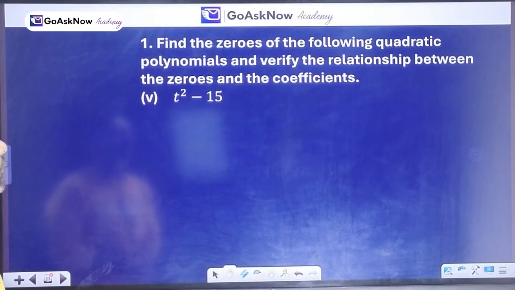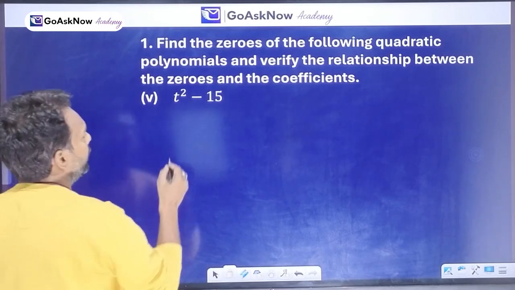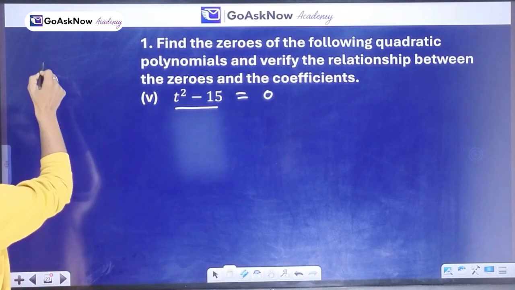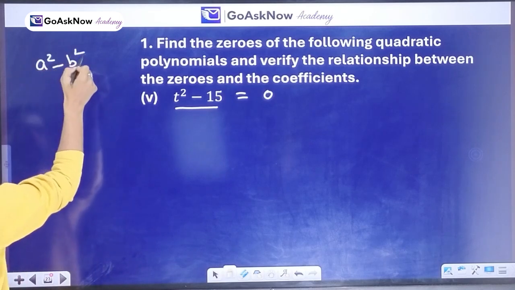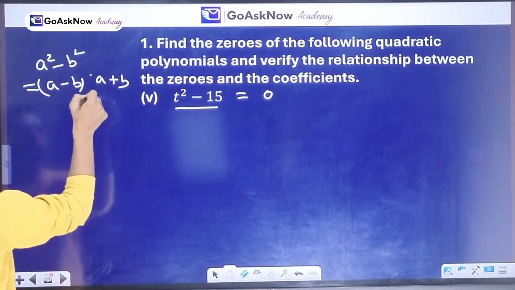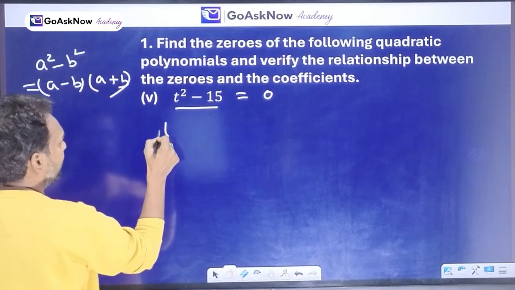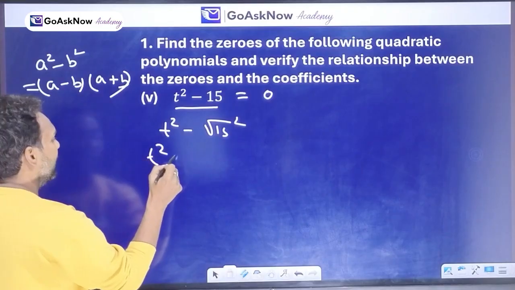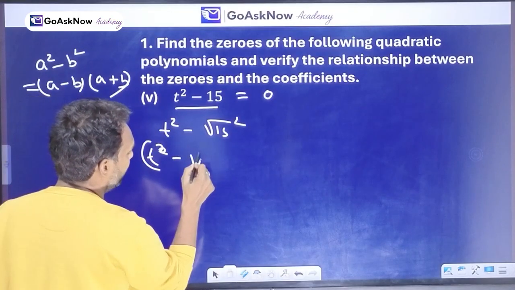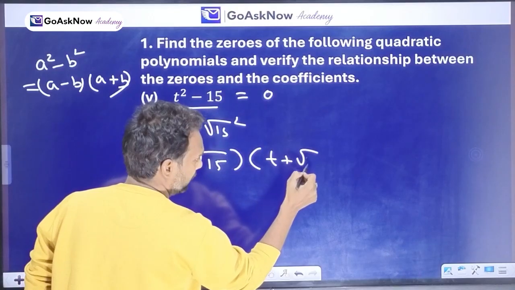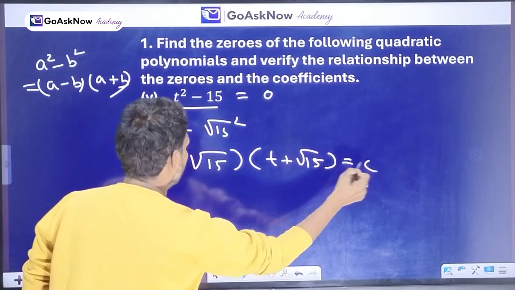Find the zeros of the following quadratic polynomial. Okay. So, t square minus 15 is equal to 0. A square minus b square is a minus b into a plus b. I can write this as t square minus root 15 square. So, t minus root 15 into t plus root 15 is equal to 0.